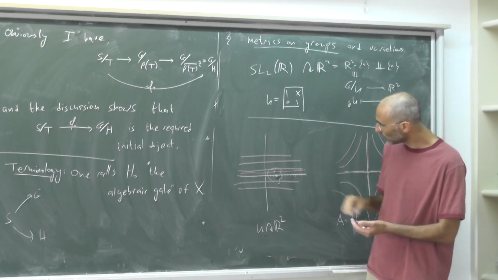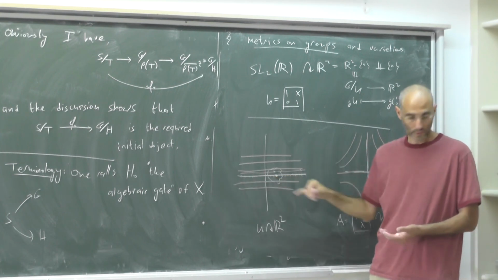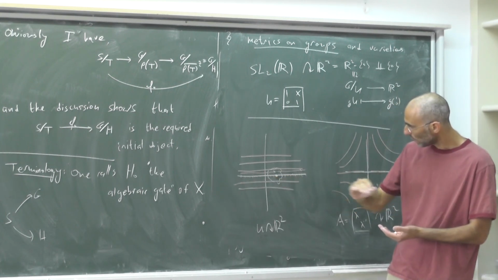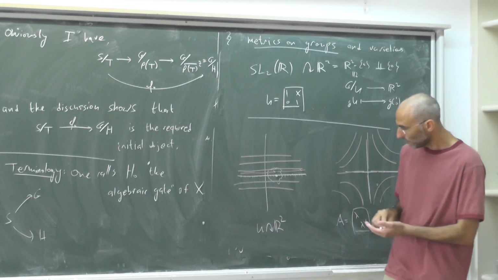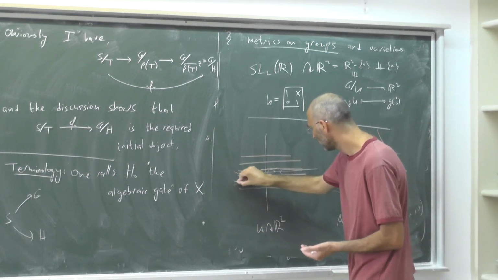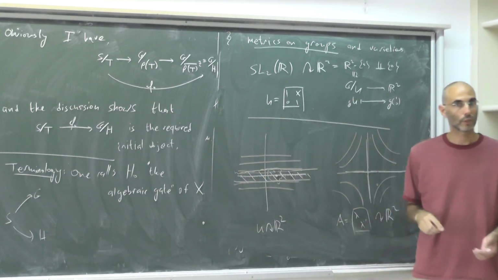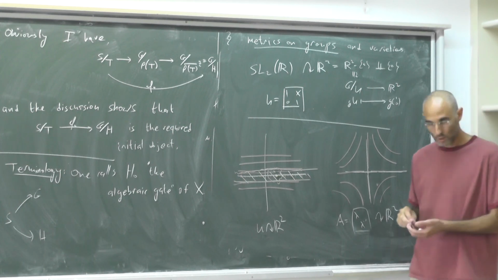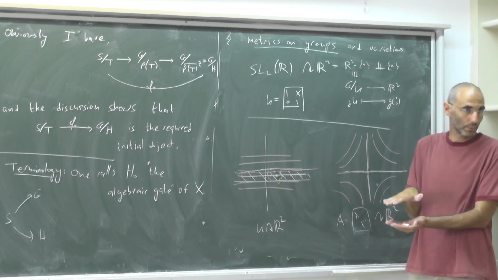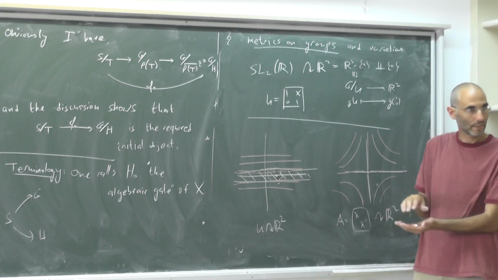So the ball, if it contains any point, will contain all this horizontal line. So actually it will not be a ball, it will be a strip. The epsilon ball will be some sort of a strip, right? Of some width, some delta width above and below the x-axis.